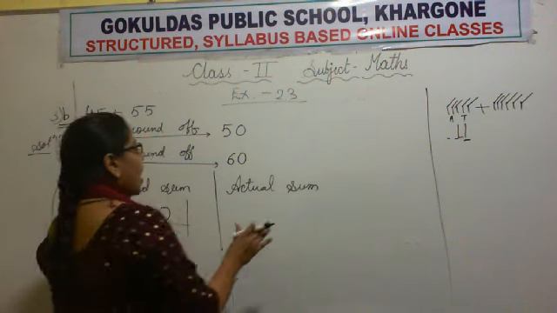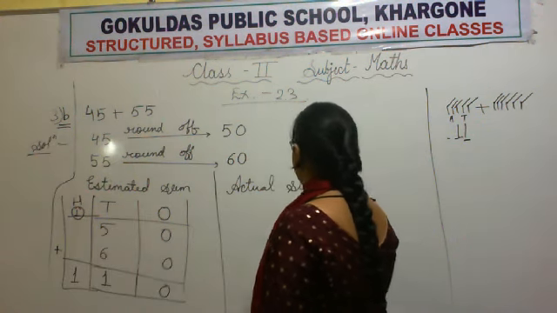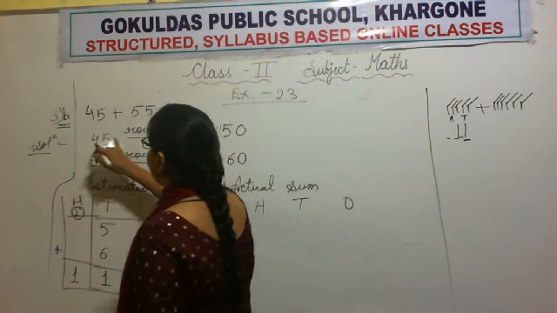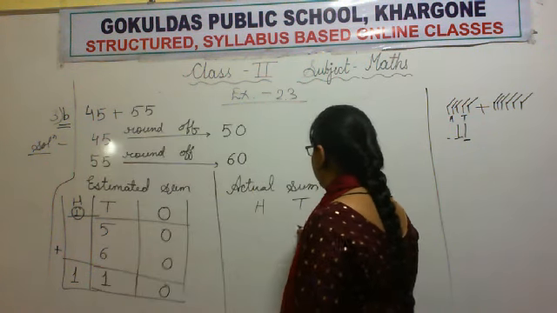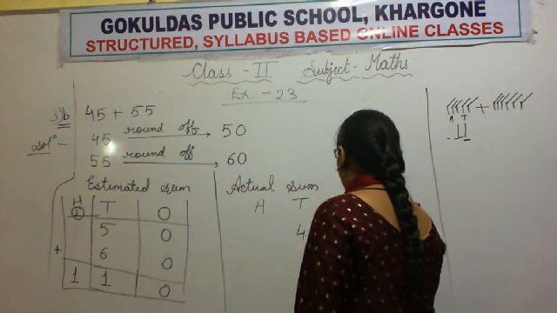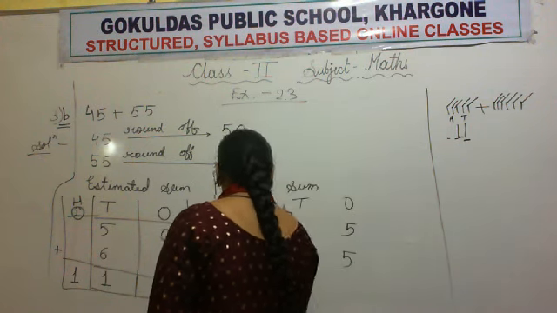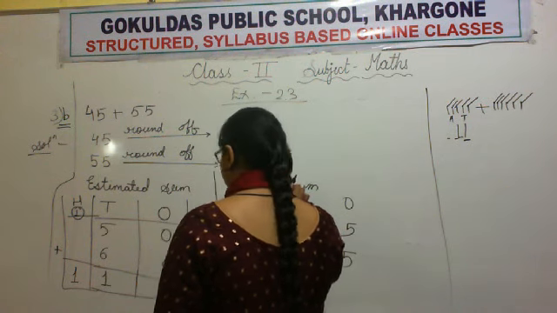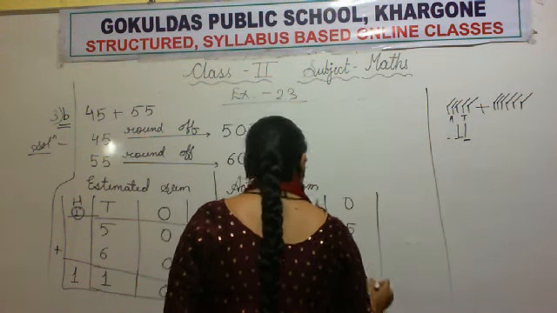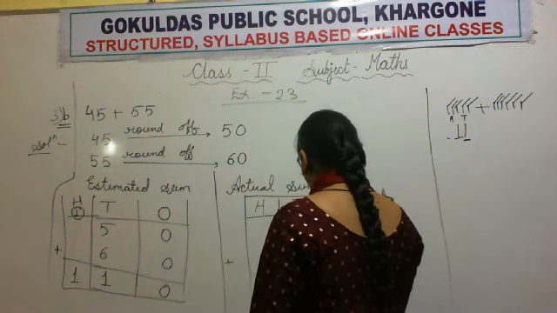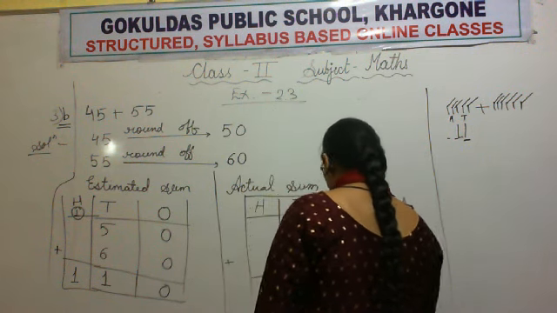Okay. Now the actual sum. For finding the actual sum, what will we do? We will add the actual values, that is 45 and 55. First of all, we will make the table by ruler or scale.